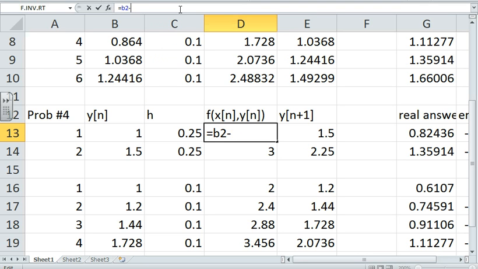It's going to be A13 minus 1. So A13 is now a 1, but it has to be a 0 because that's what x of n is. Okay, minus, parentheses, minus y.